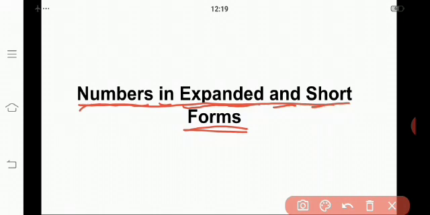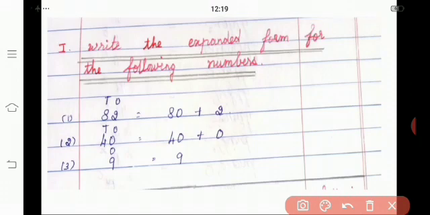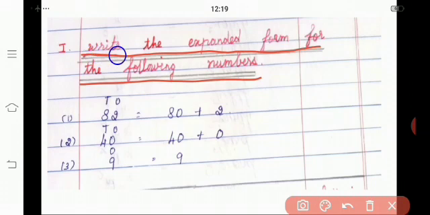Good. Shall we see some examples? See, write the expanded form for the following numbers.